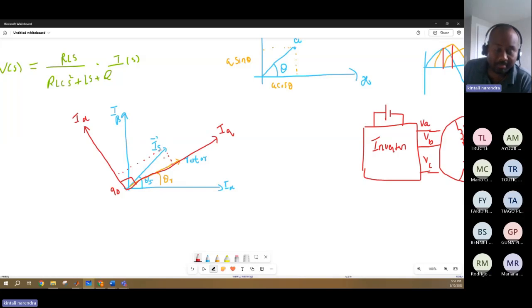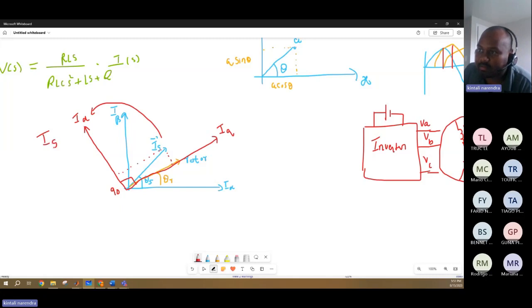Now imagine, because you have control on I alpha, IA, IB and IC, if you can push your IS to ID, what will happen? Now your rotor angle will be 90 degrees to your stator. IS measured is here.